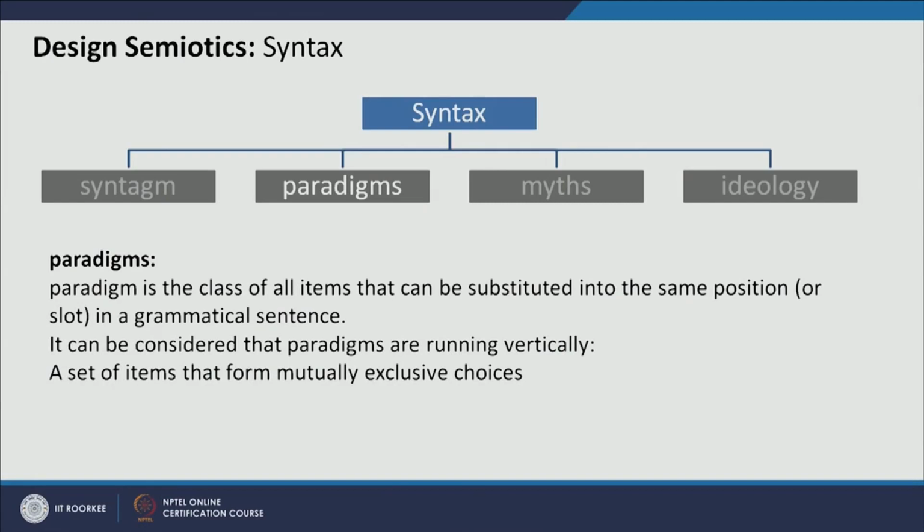And then we come to the paradigm. Unlike syntagm, where the sequence was very important, in the case of paradigm it doesn't matter, because paradigm is a similar looking set of similar icons. If we change an icon's position, or replace the icon with some other kind of icon, it doesn't matter.